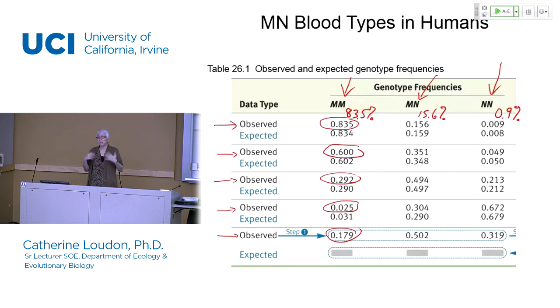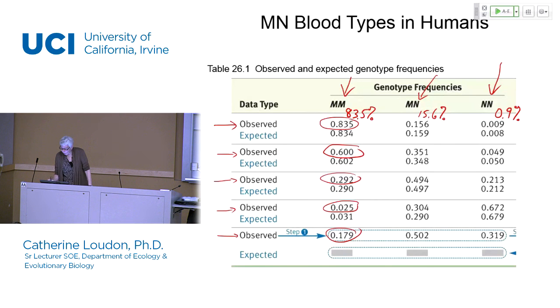And so there was some interest in whether there is any evidence of different kinds of evolution going on in these different groups. One of the ways that one can look for evidence of evolutionary mechanisms, of course, is to compare the genotype frequencies that are observed with what would be predicted based on Hardy-Weinberg.